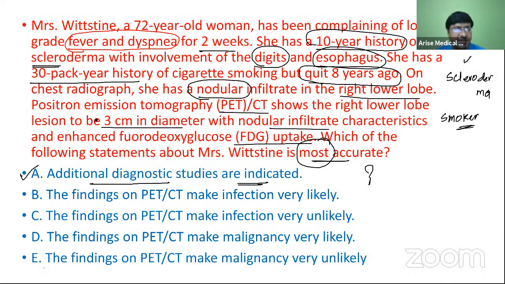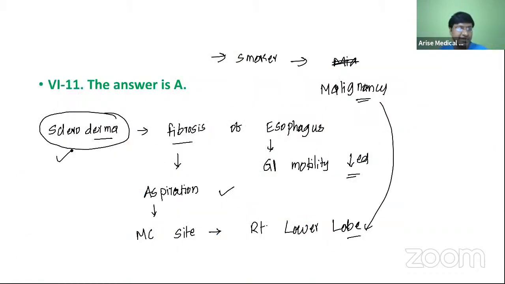Now, what is given here? The FDG PET scan shows a lesion of 3 centimeters in diameter with nodular infiltrates. That means because the individual has scleroderma, the chance of aspiration is high, and the other point is the individual is also a smoker, and that is the reason why malignancy is also very common. So now what does this patient require?